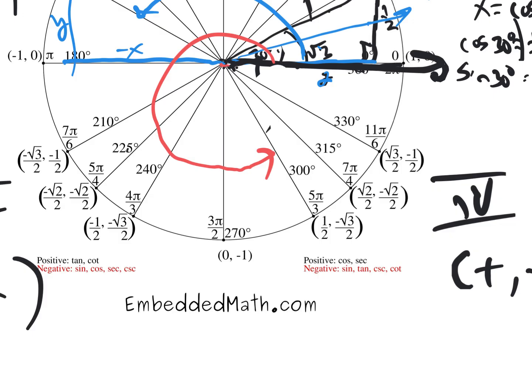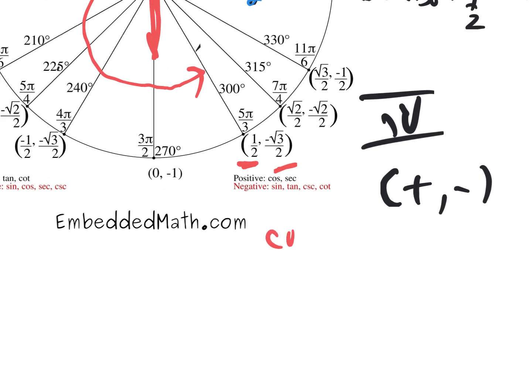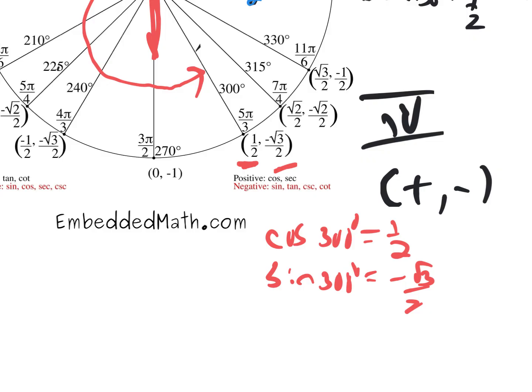Notice the x values are positive. The y values are negative. So the cosine of 300 degrees is a positive half. But the sine of 300 degrees is a negative square root of 3 over 2.